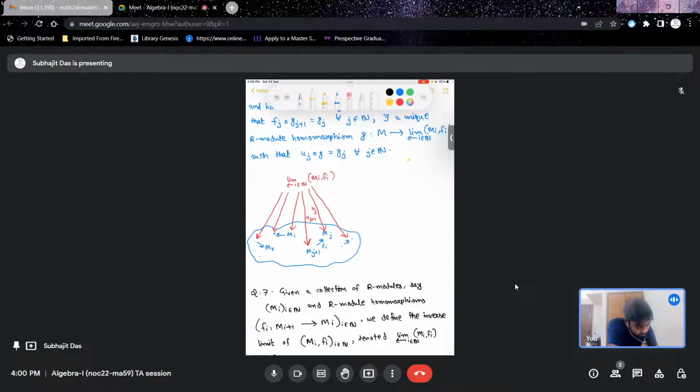So given any object M together with arrows into the various Mj's, let's call these arrows gj, from M to Mj.